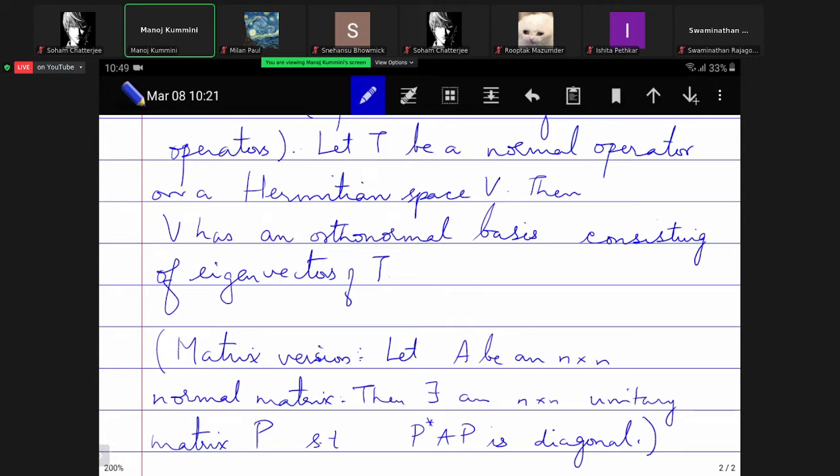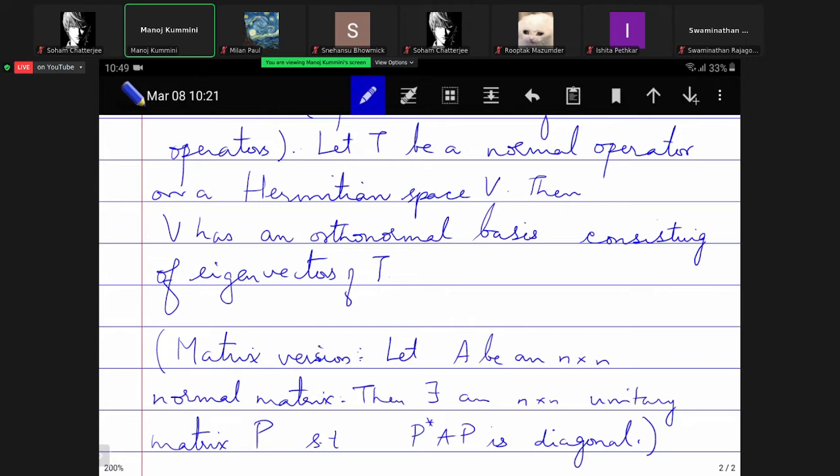And it's an orthonormal basis, so the change of coordinates from the given basis to the orthonormal basis will be a unitary matrix. So there is some unitary matrix P such that P inverse A P is diagonal, and the diagonal entries are the eigenvalues.